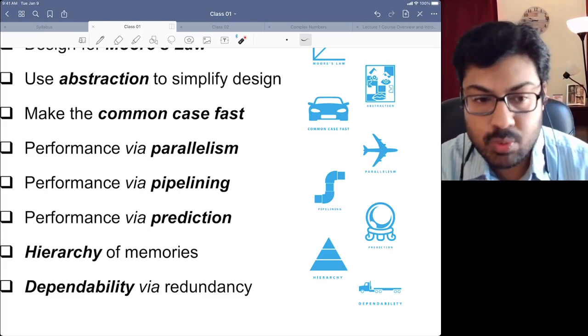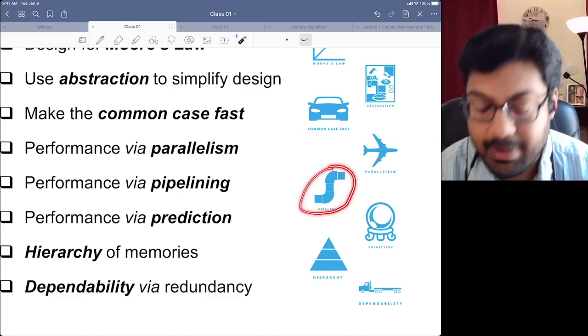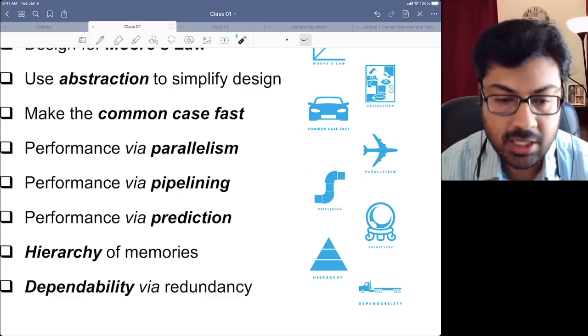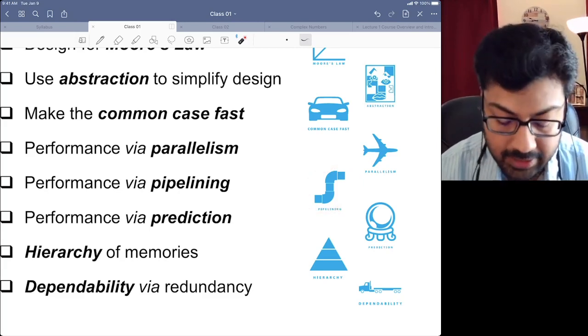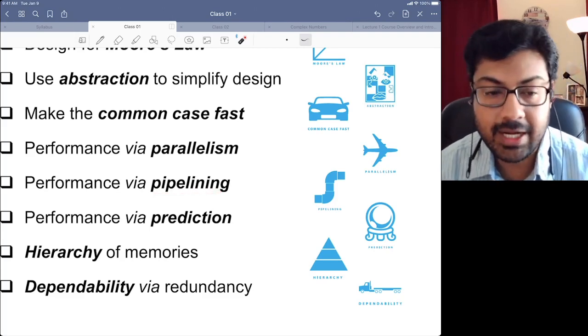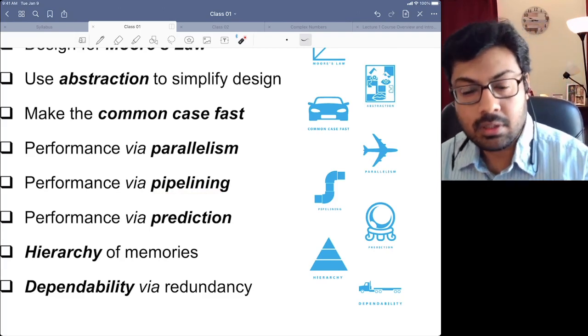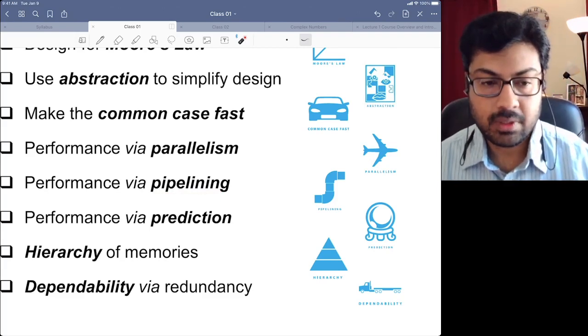Let's see. Next one is pipelining. And for that pipelining, we have a set of pipes that are connected one after the other as the symbol, as the icon for that. And pipelining is something that is very interesting. It essentially means this. You have several computer resources.